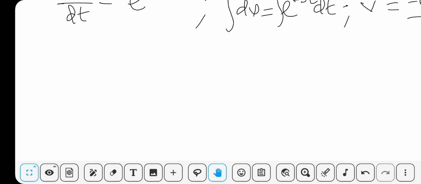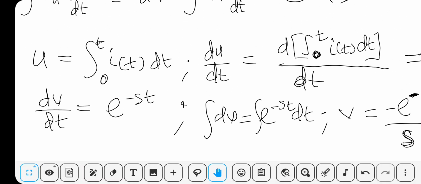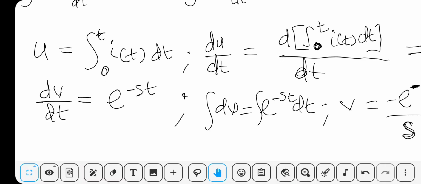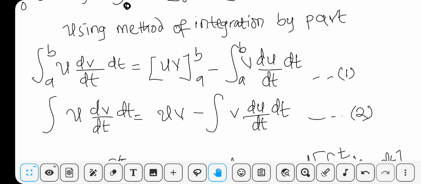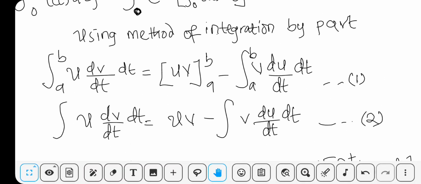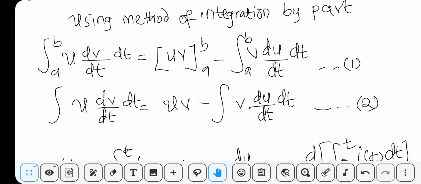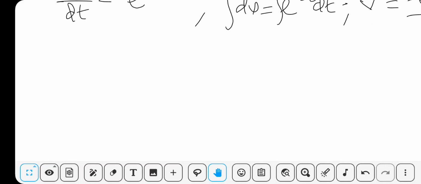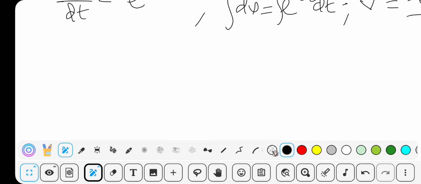So now that we have found u, du/dt, dv/dt and v, using this method of integration by parts, we need to find uv from a to b. So let's find it.